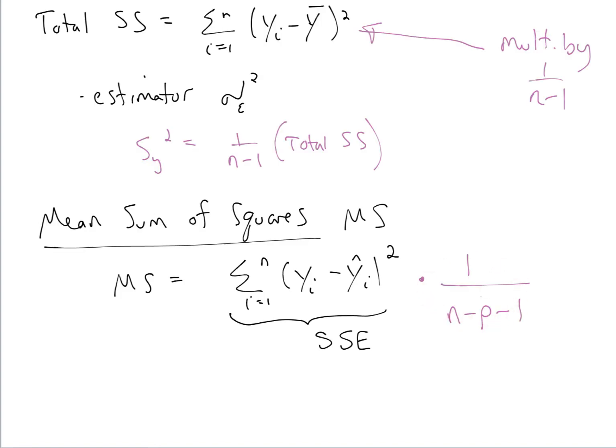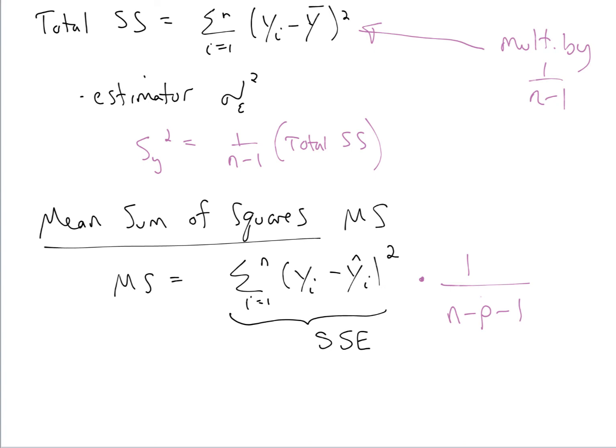So to get that average or mean sum of squared errors, we multiply by 1 over n minus p minus 1, the degrees of freedom left in the system, in the same way that we do that for the sample variance to get the unbiased estimator. And so you can think of this as the average sum of squared errors when accounting for degrees of freedom to get an unbiased estimator.